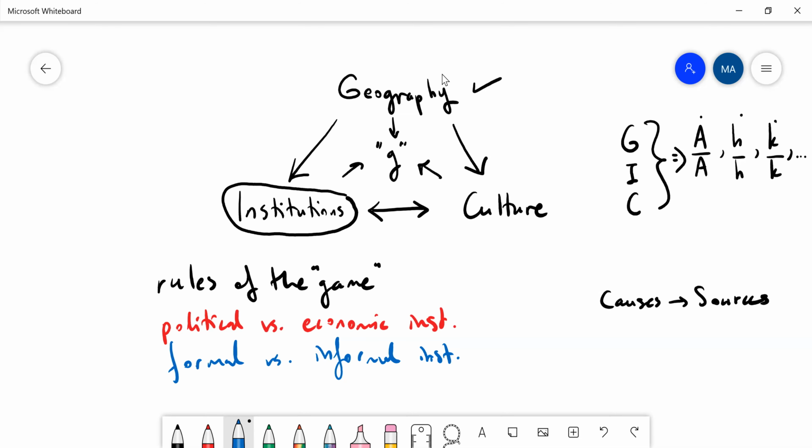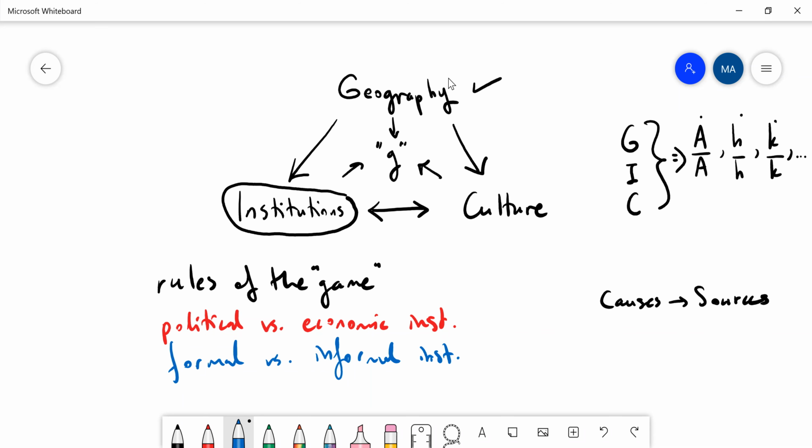Okay, so this is the overall picture, and now we're gonna talk about one particular question: how can institutions affect economic outcomes, right? And how institutions are affected by economic outcomes. All right.